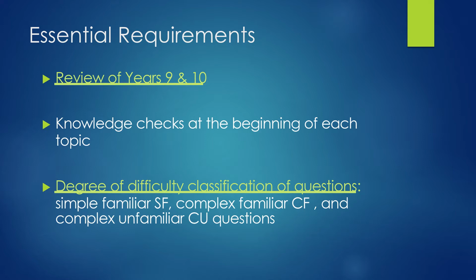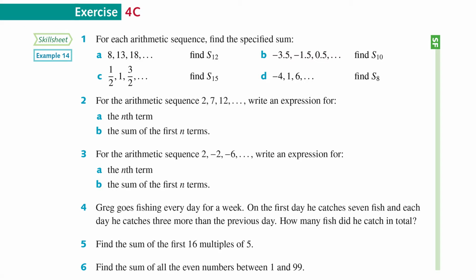Now, I was mentioning earlier on about the degree of difficulty. Let me just show you here. Here's a typical exercise from one of the texts. This is the methods 1 and 2, and this is on arithmetic sequences and series. If you have a look at the right-hand side, the SF, of course, refers to simple familiar.